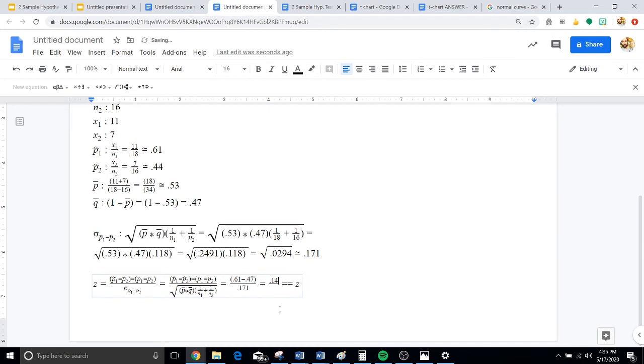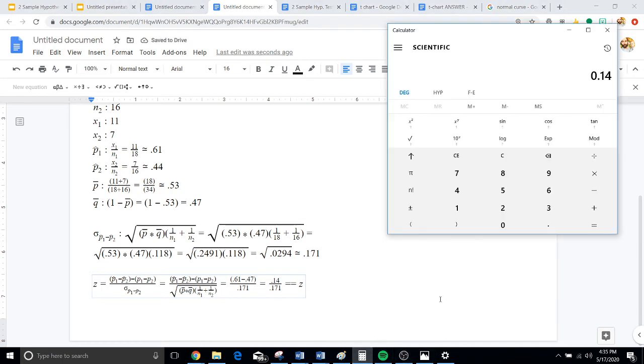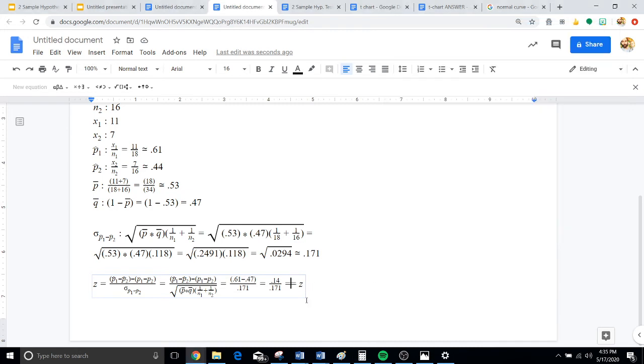So 0.14 over 0.171. All right, let's find out what we get. So 0.14 divided by 0.171 is going to give us about 0.818. Let's call that about 0.82. And we now have our sample statistic.